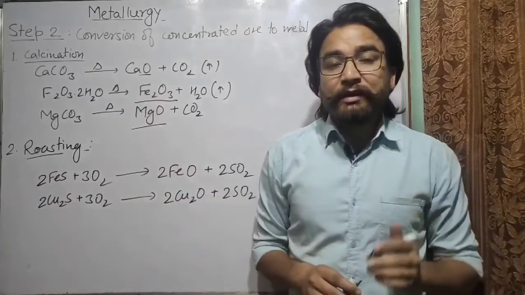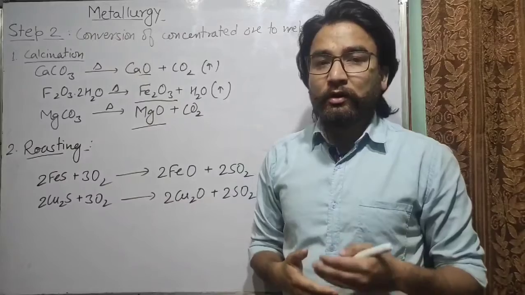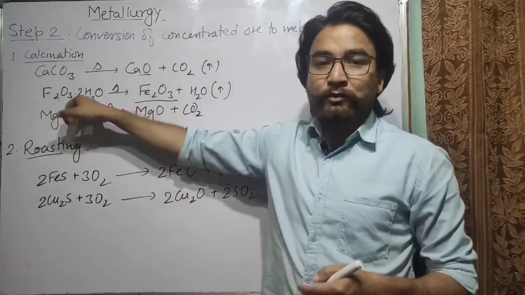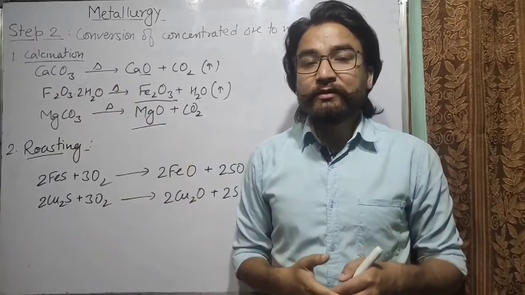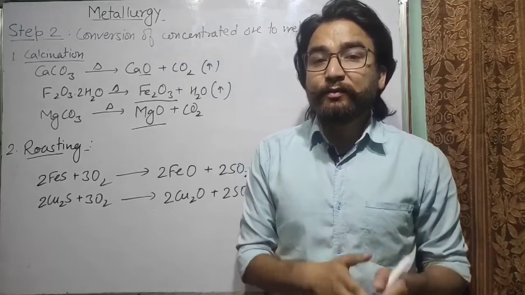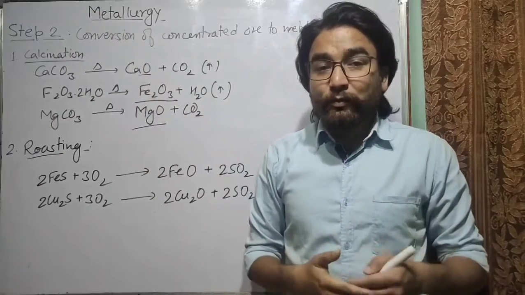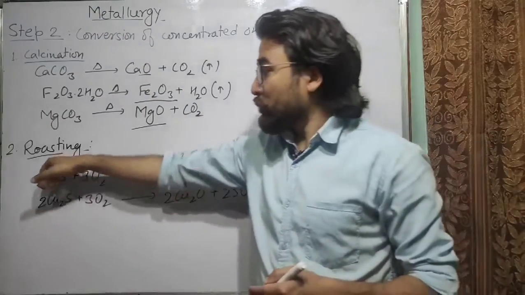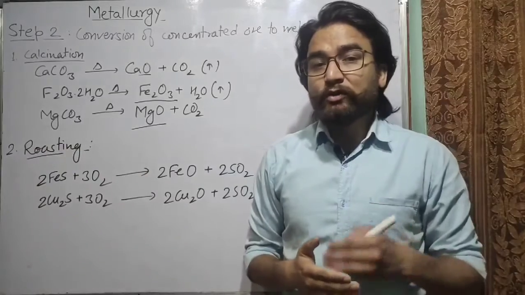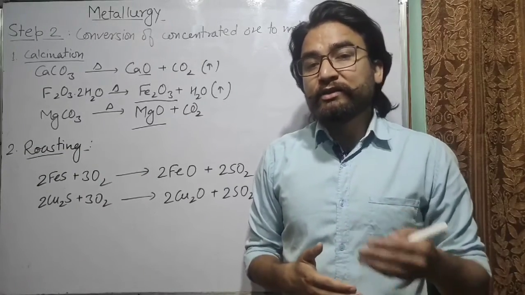This method is generally used for carbonate ores or the ores which contain water of crystallization. The volatile impurities can be removed with the help of this method, that is calcination. One more method is roasting. Roasting is the process of heating the ore in the presence of air.